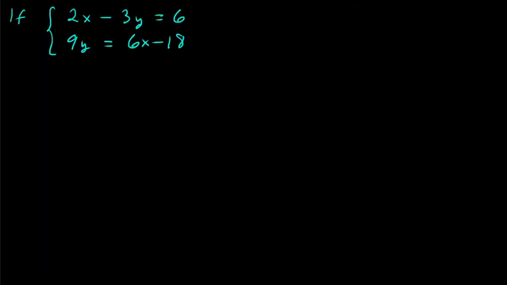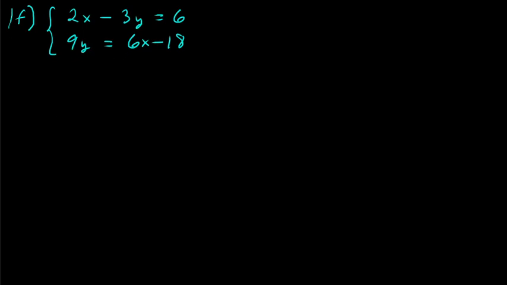Okay, so I'm going to skip part E. I think you can handle that on your own. So I'm going to jump right to F, number 1, part F. We have 2x minus 3y equals 6, and 9y equals 6x minus 18. Okay, so similar to the last problem, the x's and y's here are on different sides.